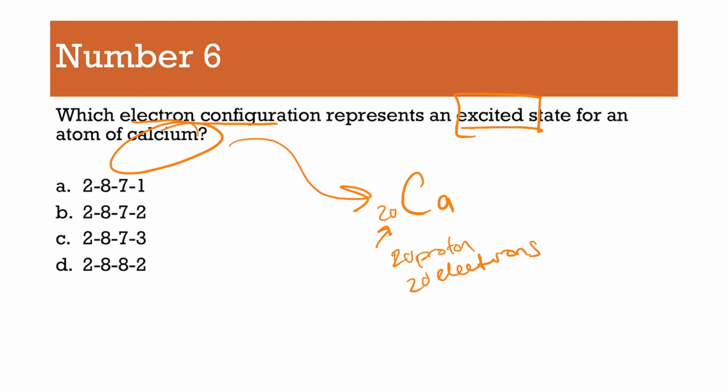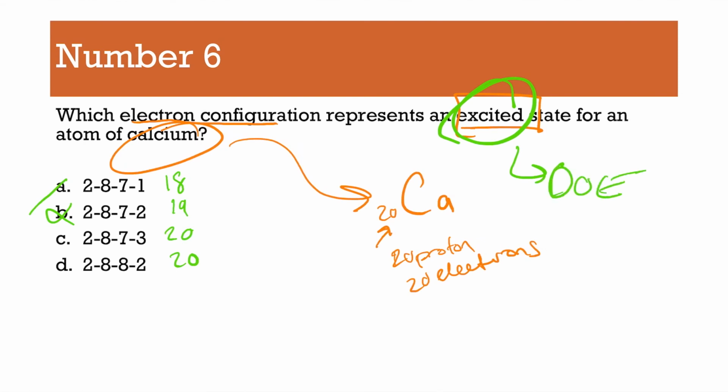And if we add all of this up, A has 18, so it can't be A. B has 19, can't be B. Both C and D add up to 20. But again, we're talking about excited state. So it does not match the periodic table.